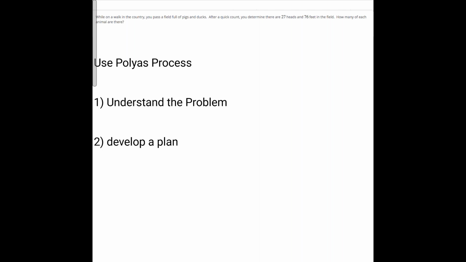So whenever we come to step one, we want to understand what the question is actually asking us to do. So it's actually asking us to find the number of each animal in the field.